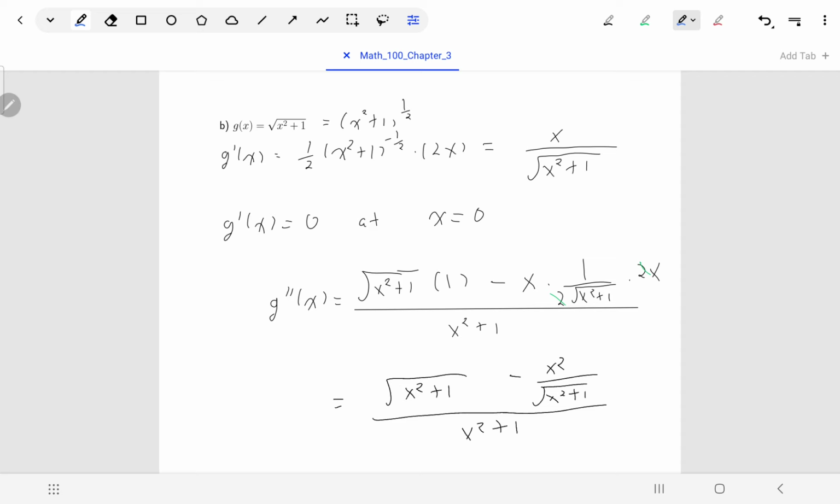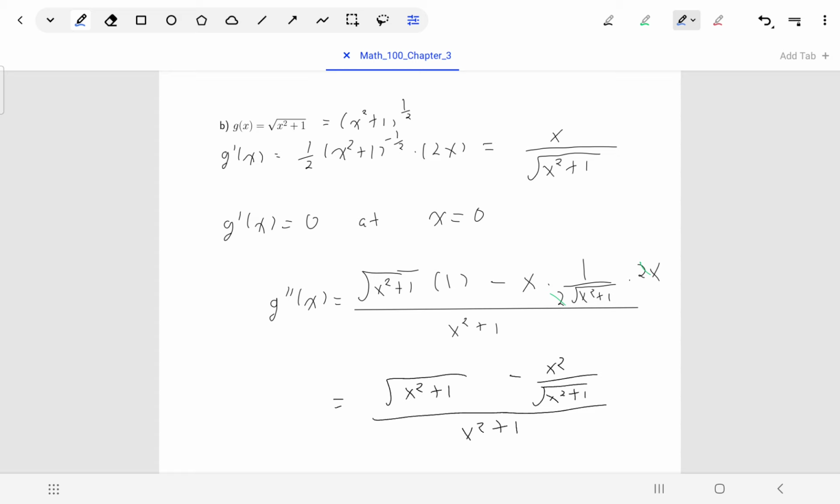However, I'm not doing the second derivative just for the sake of doing the second derivative. I'm doing it because I'm going to evaluate it so that I can use the second derivative test. For my second derivative test, I just need to find out what is g double prime of 0. So rather than spending my time simplifying, I'm just going to evaluate and find out what g double prime of 0 is. And if it's positive or negative, then I can draw a conclusion.